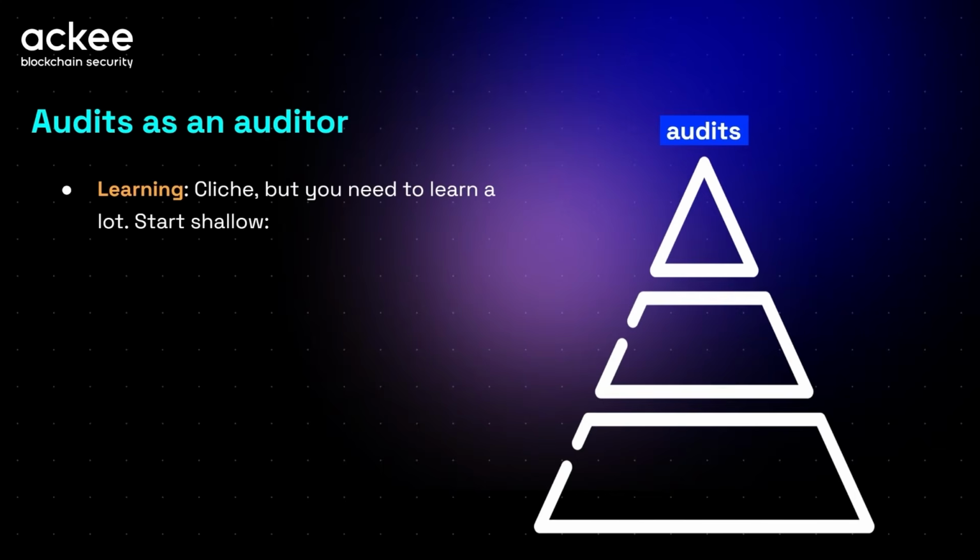The first point is a cliché, but you need to learn. I always get questions where people ask me, how can I start auditing? What should be the steps to learn how to audit smart contracts? How to actually develop smart contracts?